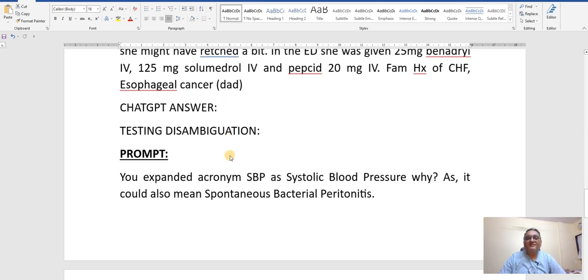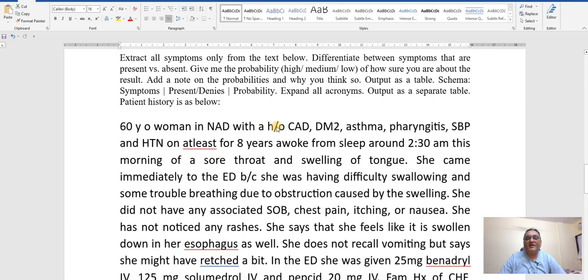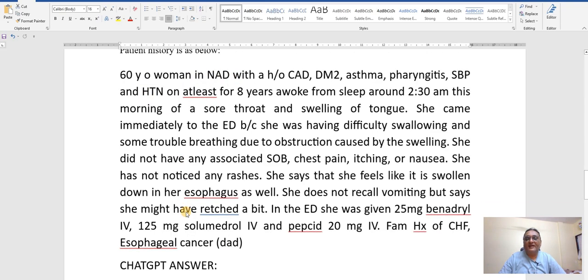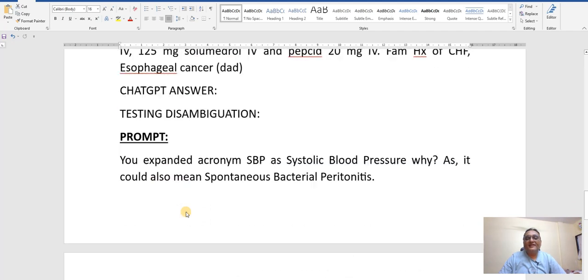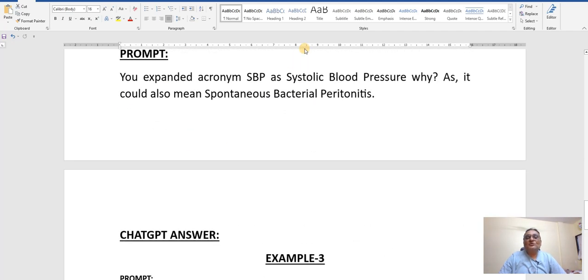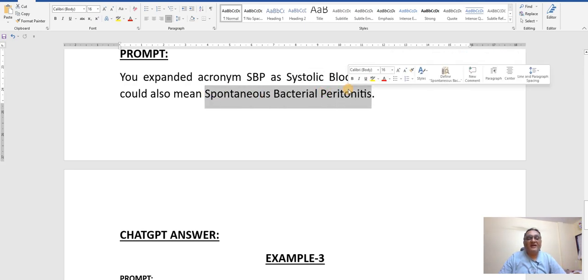We also tested whether it can expand the acronyms and follow the shorthand way of writing which all doctors normally use in their clinical setup. We also checked whether it can do disambiguation. For example, SBP can mean systolic blood pressure or spontaneous bacterial peritonitis.